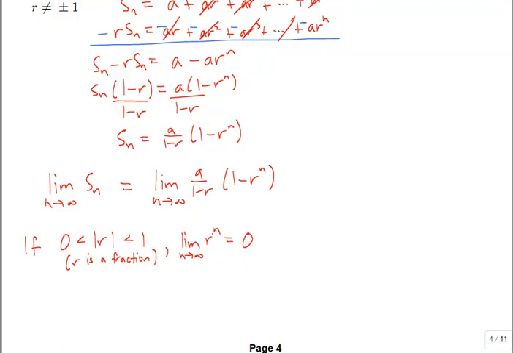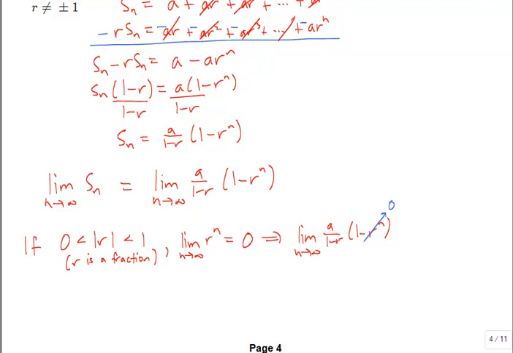As that power gets bigger and bigger, the denominator of that fraction gets bigger and bigger, so the fraction as a whole gets smaller and smaller. So we're going to use this fact to tell me that this limit, if I look at the limit of our nth partial sum, if r is a fraction, then this part of it is going to go to 0. So we'll get 1 minus 0, which is 1, times a over 1 minus r.